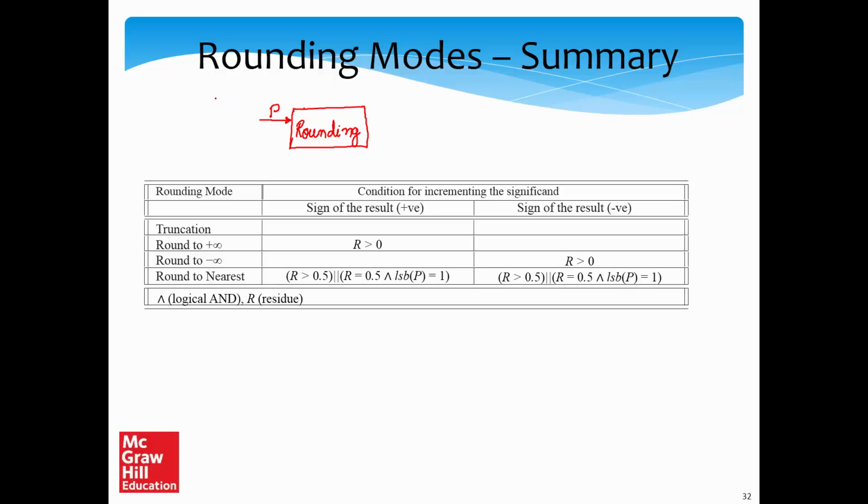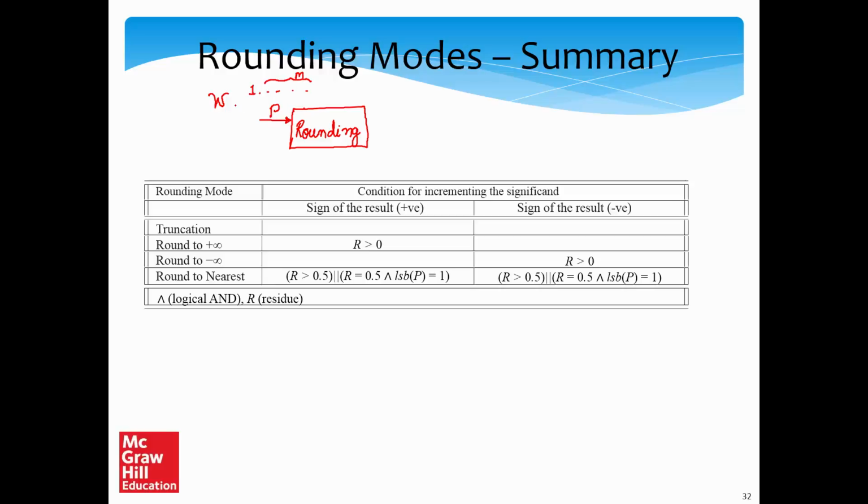Even before this, we compute the final output W, and then we extract the significant, which is pretty much the amount that we can fit with a 23-bit mantissa. It should be of the form 1 point something, and the mantissa is over here, 23 bits.